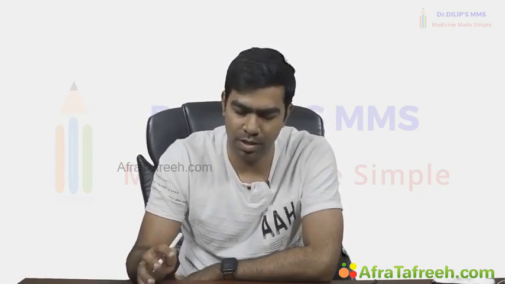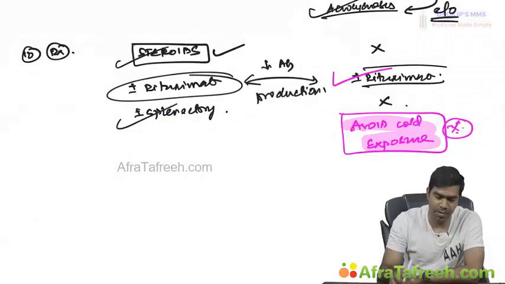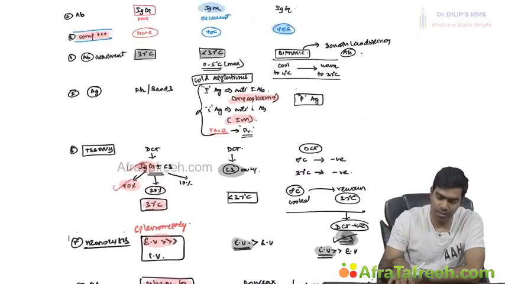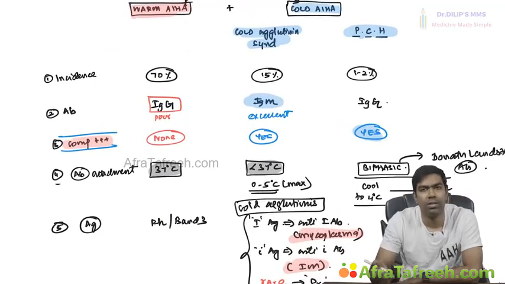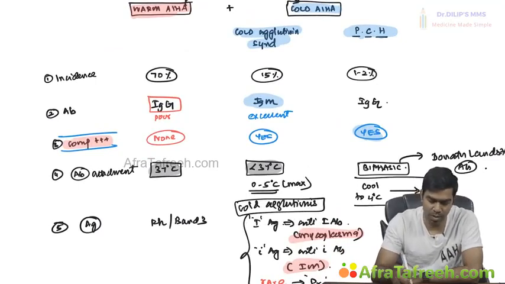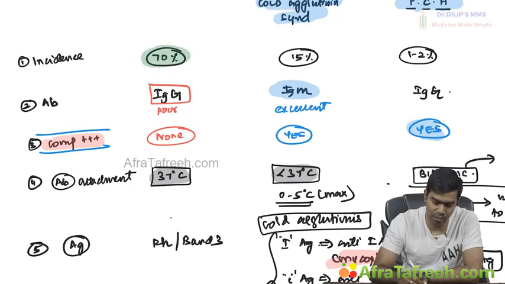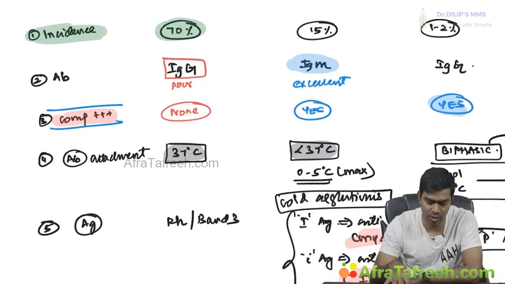So these are some of the differences between warm, cold and paroxysmal cold hemoglobinuria. First of all, the most important points are incidence, where warm is more common. Recap, incidence wise, warm is going to be ruling the roost.